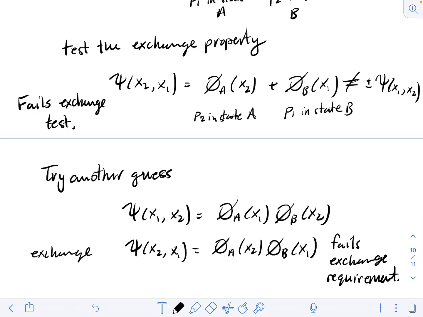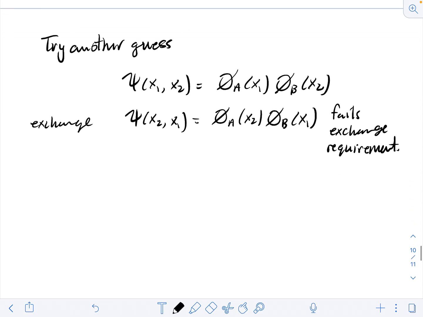Okay, so what we want is something where, when we exchange the particles, which particles were in which states is somehow maintained. And the way we're going to do it is we're going to try to combine the two approaches that we just did, this summing and product approach.